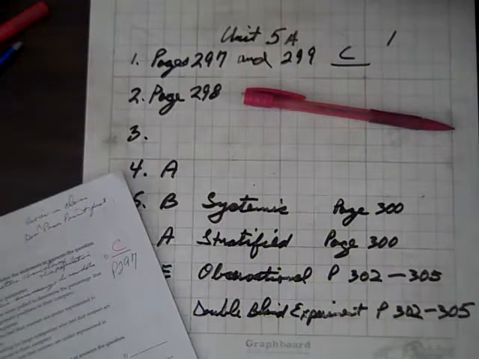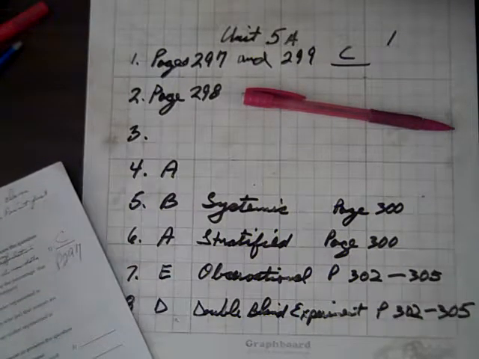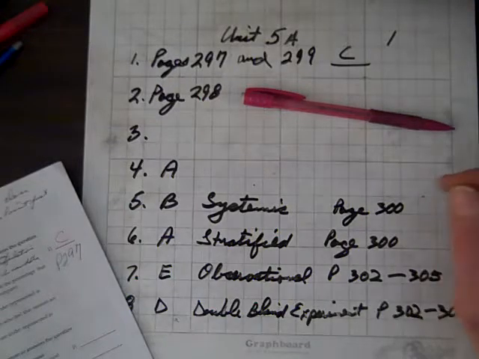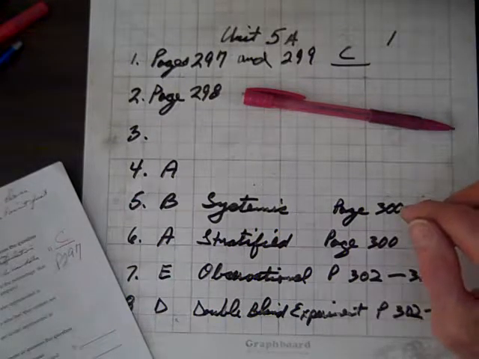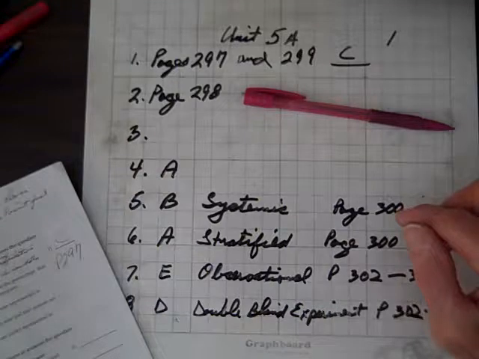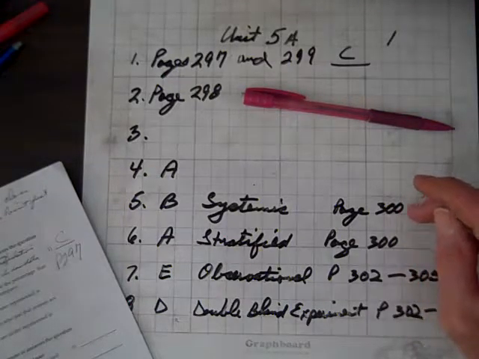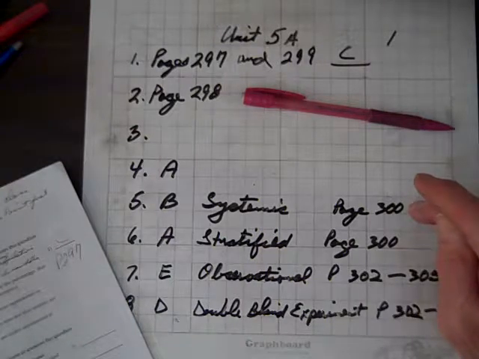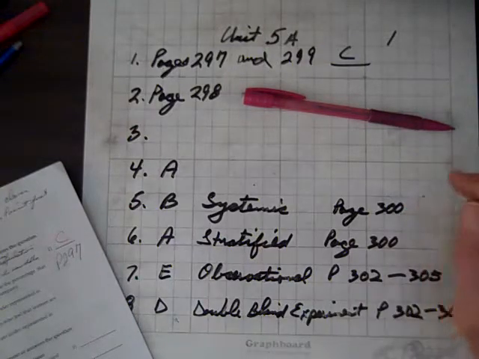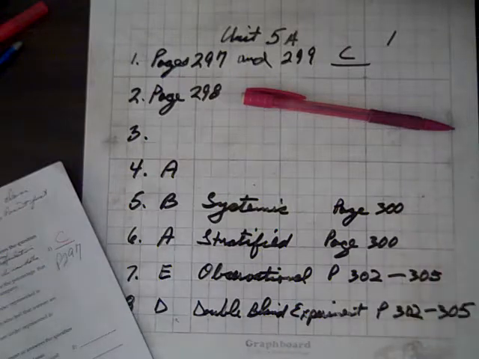For number 5, and by the way, for 5 we're talking about different types of sampling. If you look at page 300, and this was for 5 and 6, you'll see those explained. So for number 5, a sample consists of every 20th student who leaves the library, and that's systematic sampling.